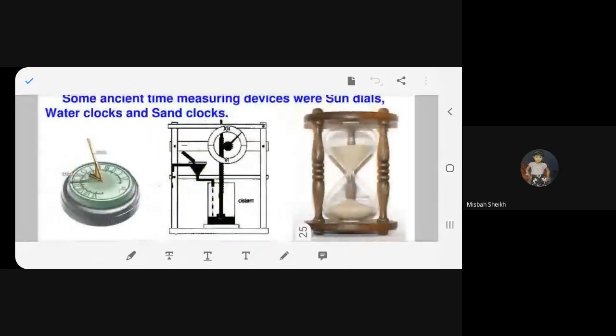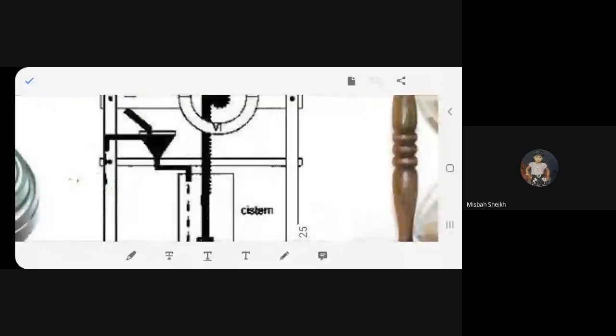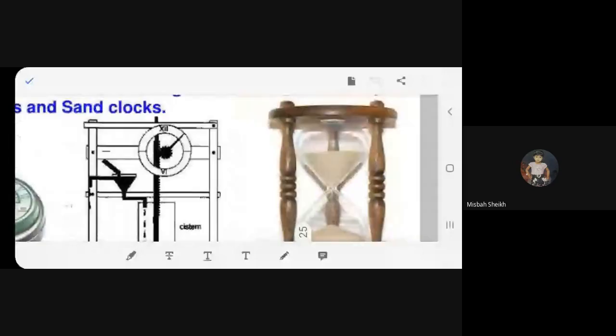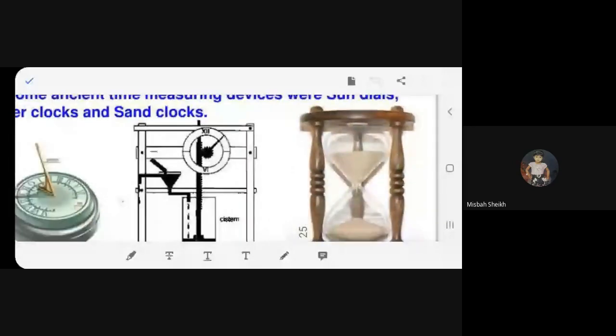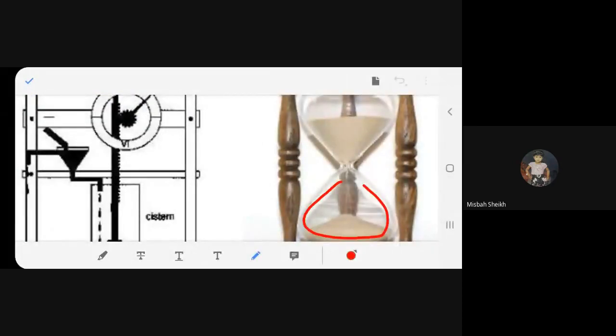The second one is the water clock. You see this? This is the water clock. And the third one is the sand clock. This is an hourglass. It takes 1 hour to fill this one. This will get emptied and the whole glass will be filled by the sand. It takes 1 hour.